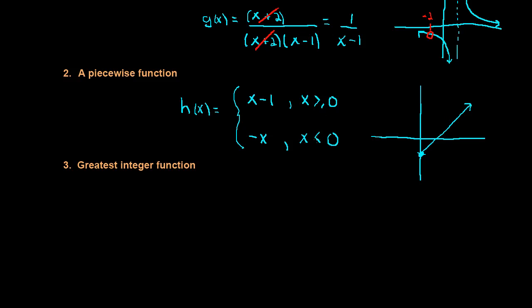If we're less than 0, though, we get sent to this other line. Well, where's this other line at? It has a y-intercept of 0, but remember 0 doesn't get mapped to there, so we're going to put a hole there. And its slope is -1. So all of the x's that are less than 0 get mapped to this line right here.